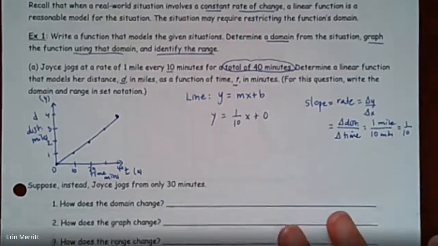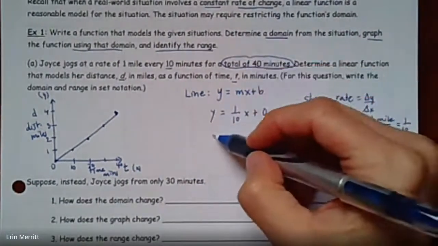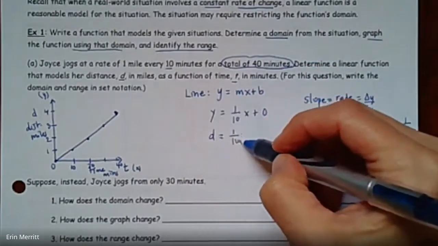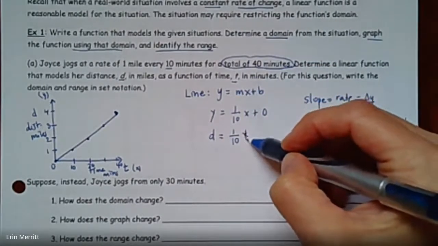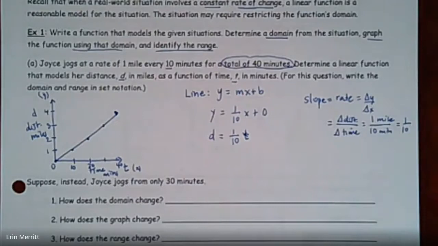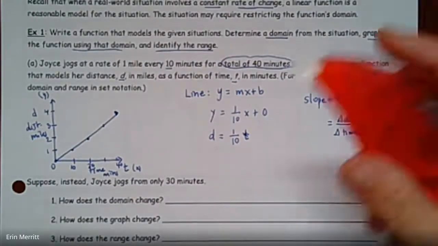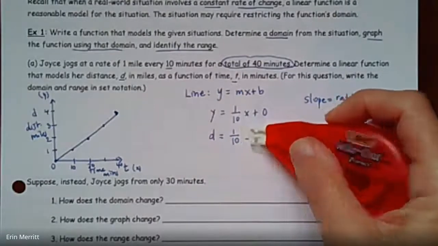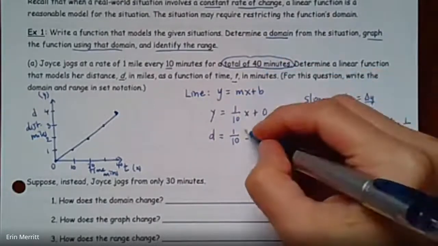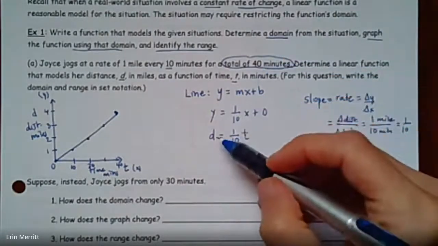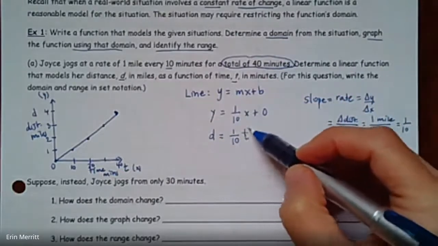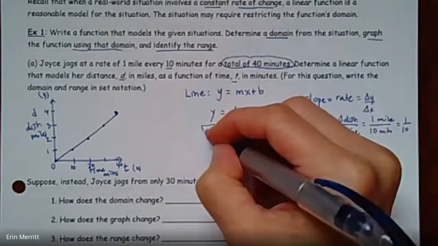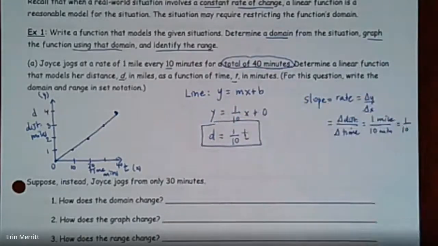Now let me turn it into distance and time. This would be distance is 1/10 however much time has gone by. All right. And you might know the equation like distance equals rate times time. And so that kind of rings true for what you're looking at here, that distance equals the rate times the time. All right. And that's it. That's your first little equation.